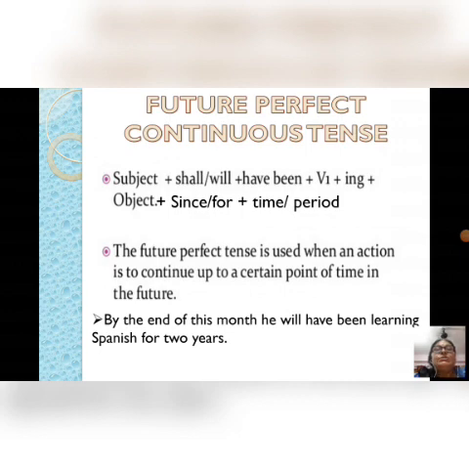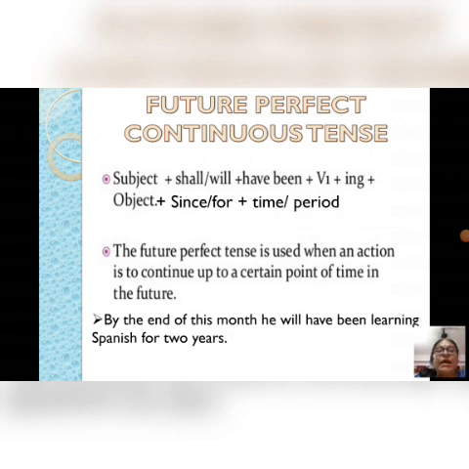Now see the last one, future perfect continuous tense. The future perfect continuous tense is used when an action is to continue up to a certain point of time in the future. For example, by the end of this month, he will have been learning Spanish for 2 years. Now see the structure here.